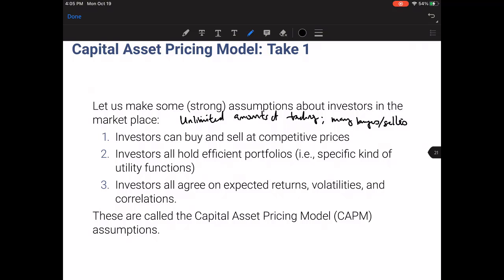Number 2, investors hold efficient portfolios. Remember when I said that efficient portfolios hinge on the fact that we dislike risk and we like returns. So by definition, that means we're assuming some structure on every investor's utility function, on average or in aggregate.